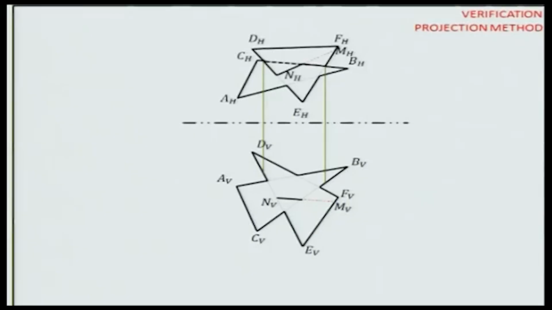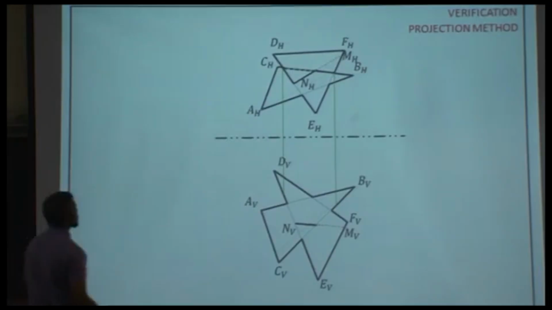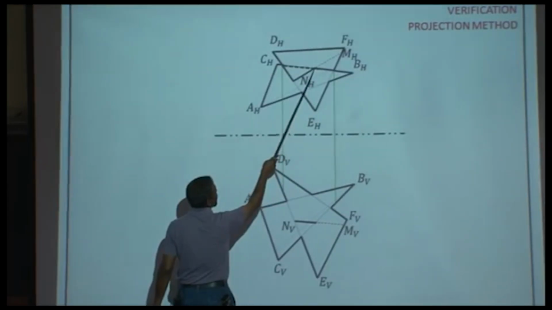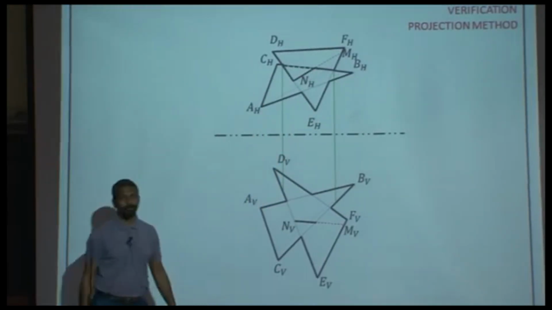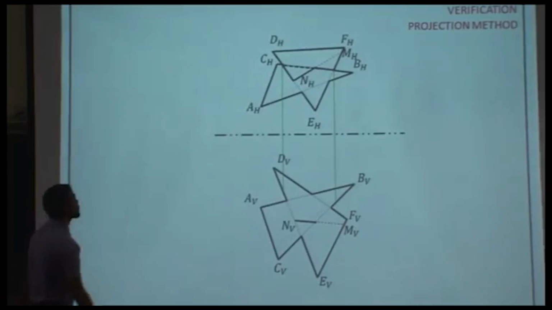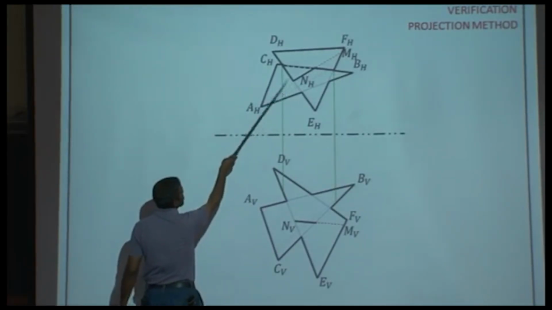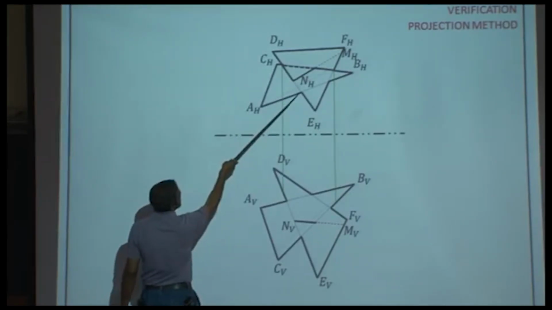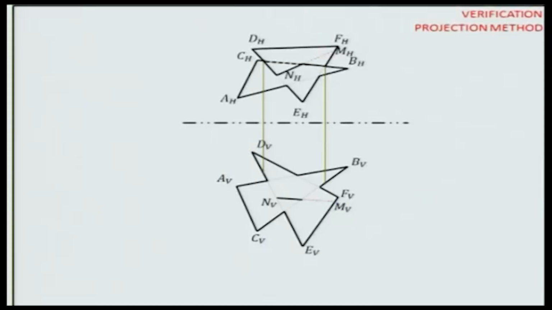It has changed the status of that edge. So this edge was visible from B up till the point of intersection, and from here it is hidden. Okay. Likewise also, you can expect something very similar over here. So this is visible here, and from this point onwards, edge DE should be hidden. Yeah?